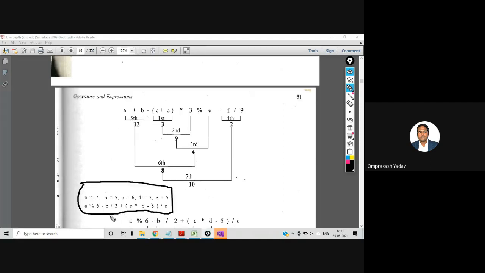So you have to solve this expression and also let me know the hierarchy of each and every operation. So just give the answer of this one. Let's see if Trupti will again solve this first or somebody else.